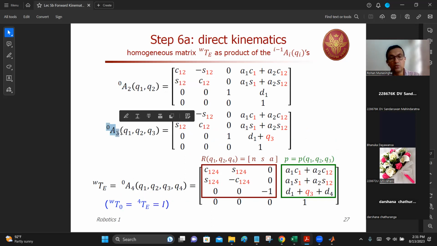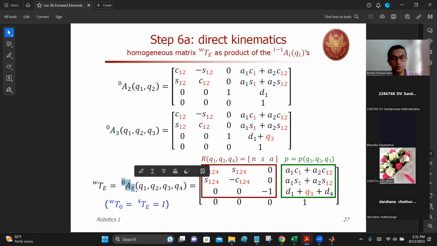And you multiply with the third one, you get 0A3. And if you continue with the final one, you get 0A4. Fourth frame with all these joint variables, right? Now we call it q1, q2, q3, q4. q1 means theta 1, q2 means theta 2, q3 means d3. It's a displacement, you know that. And q4 is theta 4.